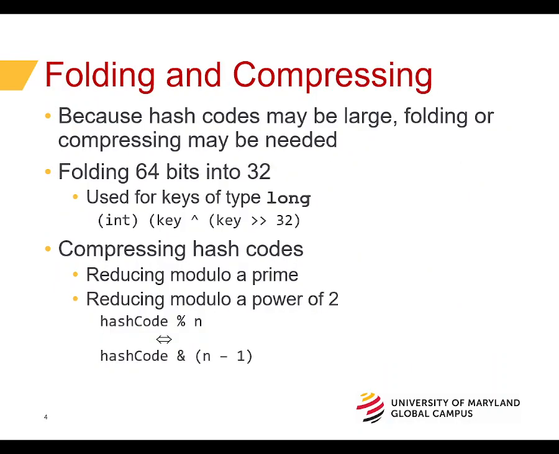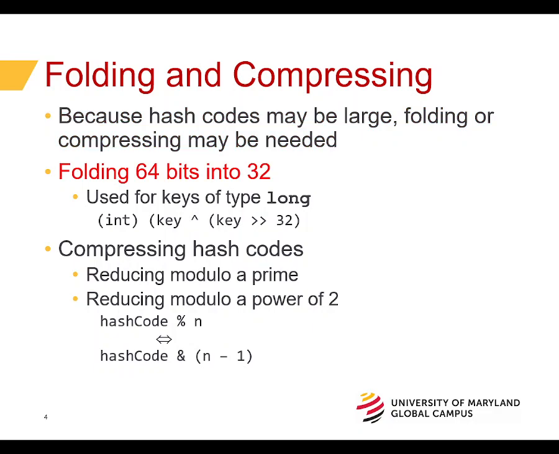Folding or compressing hash codes is a technique for further reducing the table size. Depending upon the hash function we choose, the resulting hash code may still be larger than what we would ideally prefer for our hash table. In that case, folding or compressing them further may be necessary.